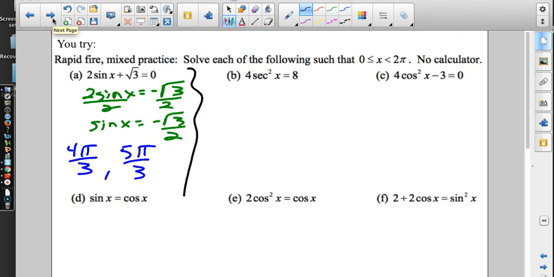Algebra instinct says to do what? Divide. Now secant. I don't like working with secant. What could I do so that that's not going to be secant anymore? 1 over cosine.